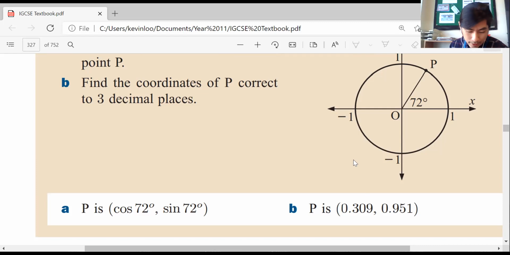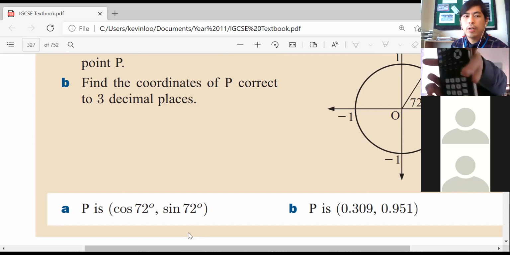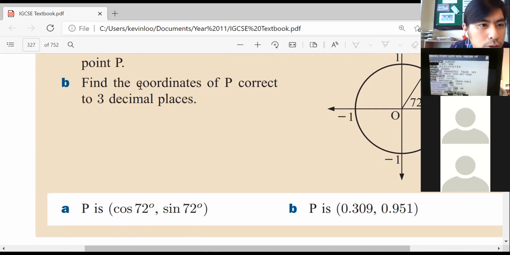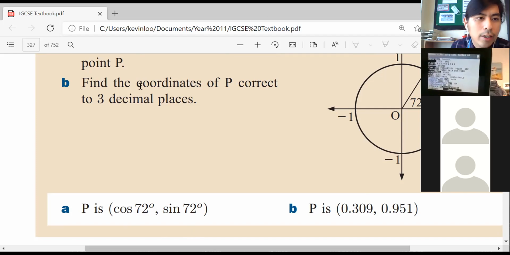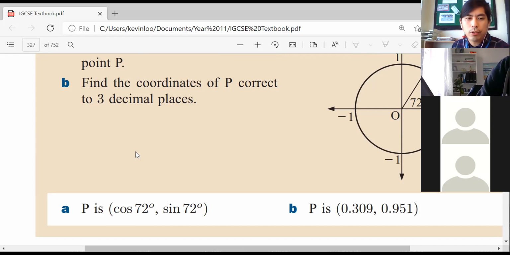So, Martina, can you go into your mode menu? You need to go down to radian and change it to degrees. So go to degrees and press enter. Okay, thank you. So now you should get 0.309 and 0.951.